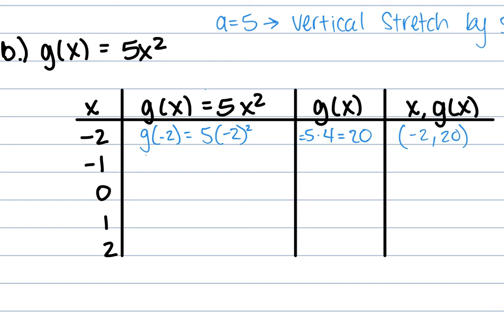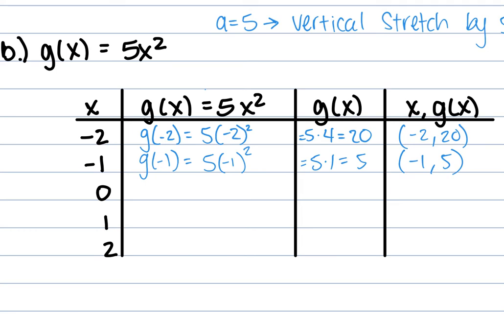G of -1 equals 5 times 1 equals 5. Oh. So you squared it already? Yeah. 5 times 1, yes, which equals 5. So what's my point? It's -1, 5. Good.